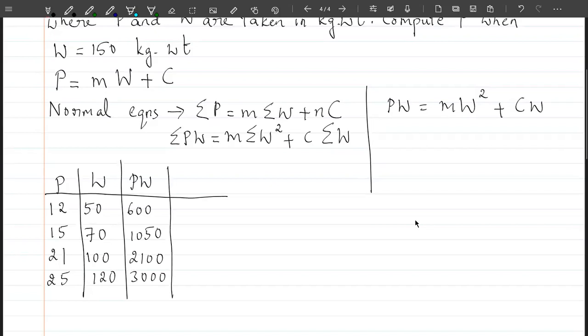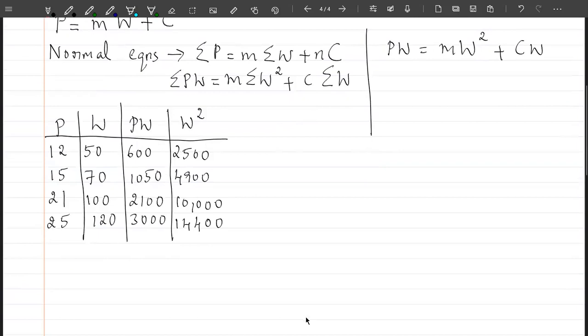And the last column which you need is for W square. You have to find the values of W square, that is 2500, 4900, then 10,000, and the last value is 14,400.